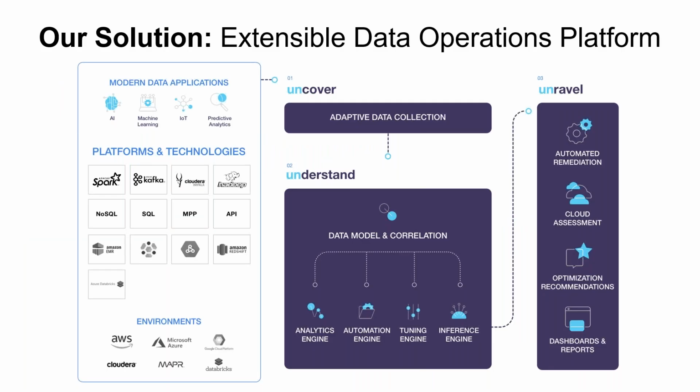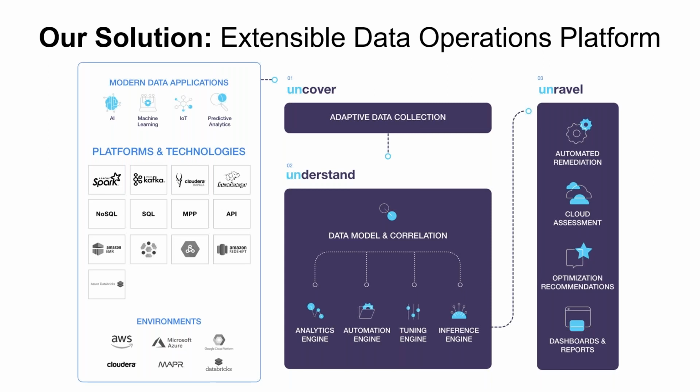So what's making all of this happen is our extensible data operations platform. Right? So we have something called adaptive data collection technology, which is a set of lightweight sensors that will take all of the rich operational metadata and telemetry from all of the platforms that we support.